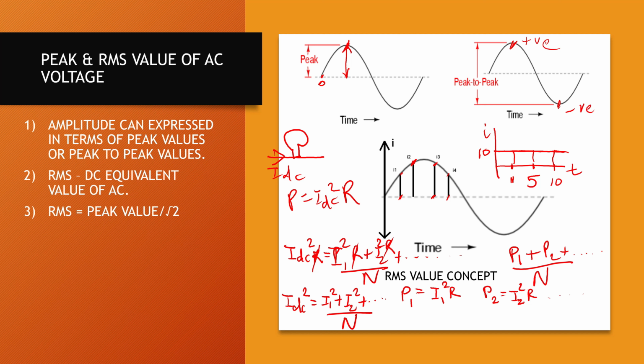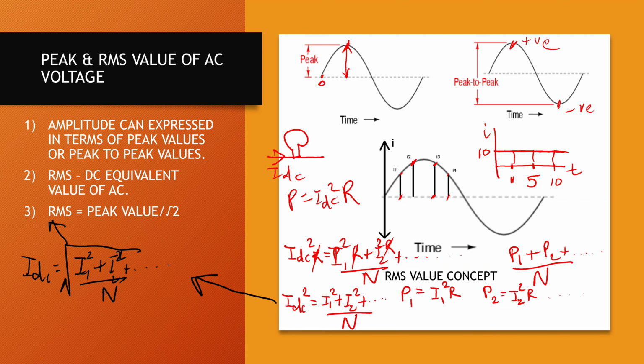Just going to change the pen color so that it becomes easier. So then I DC actually becomes the square root of I1 square plus I2 square plus so on, divided by n. So this square root is basically this R over here, root.